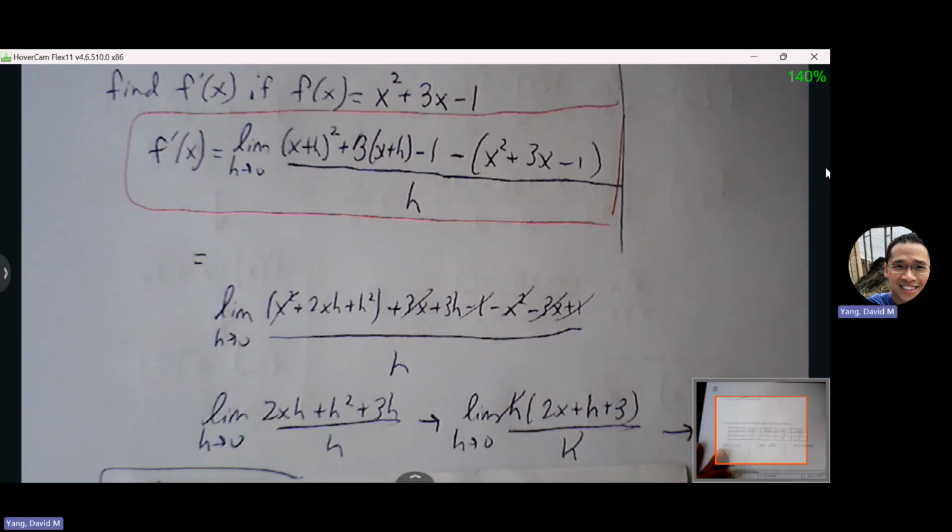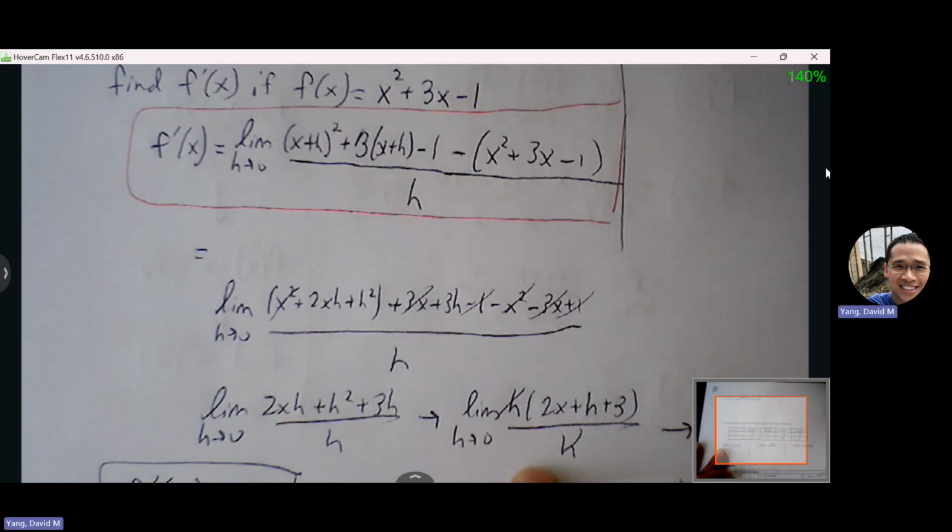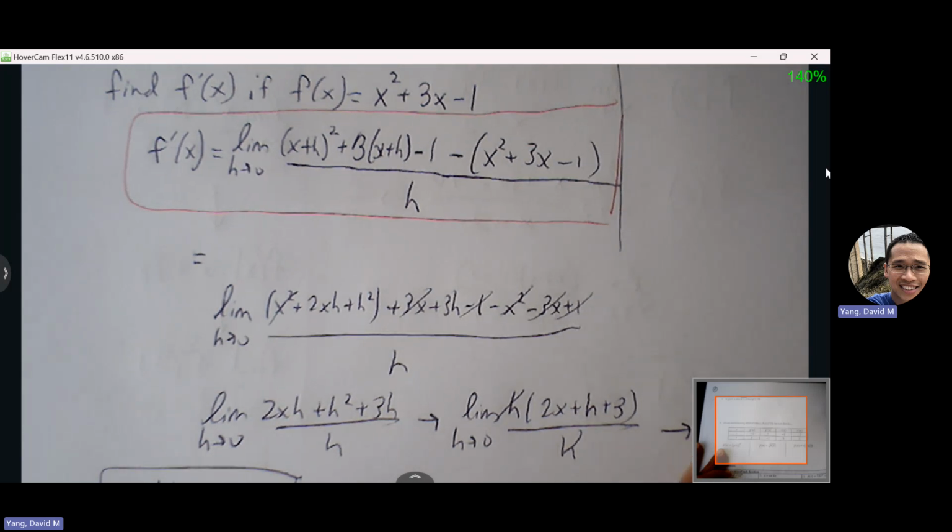But when everything is said and done, you'll be able to factor an h out. And then combining like terms and canceling out, you reevaluate, replace every h with 0, and just like what you expect, the derivative is going to come out to be 2x plus 3. Right. And if I ask you what is f prime of 2, then that's easier. Let's just plug in 2 into the derivative to get 7, and that's your slope.